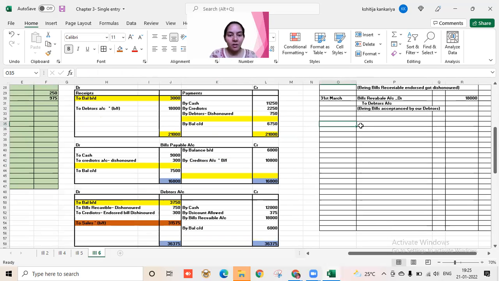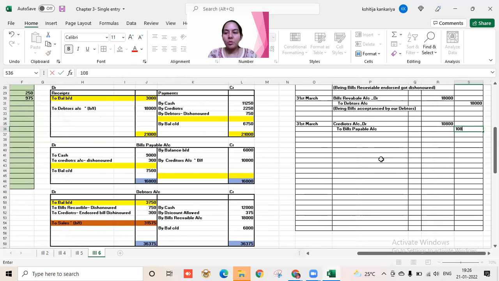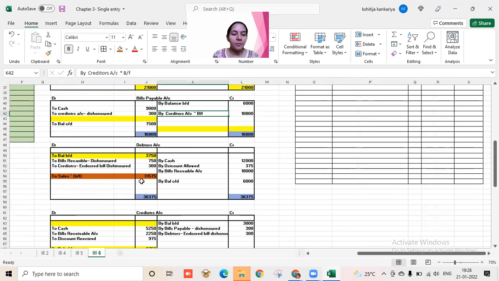What is the journal entry? Creditors account debit to bills payable account. Okay, because we are reducing the liability of the creditor and increase the bills payable balance. That is rupees 10,800. Go to the creditors account, debit side, sorry, creditors ची liability कमी करायची ना.